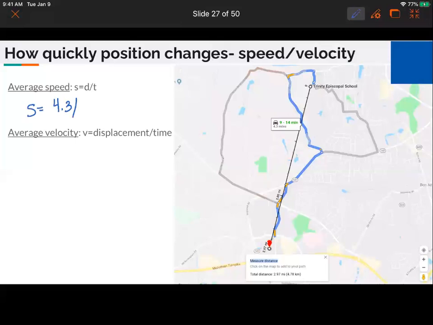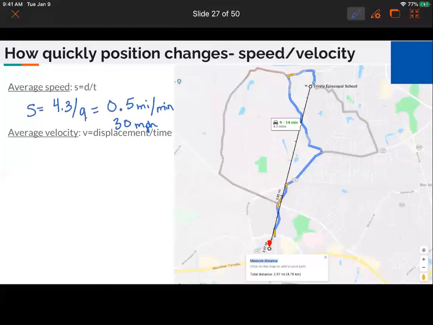That'll be when it only takes 9 minutes. It's about half a mile per minute, which is about 30 miles per hour.